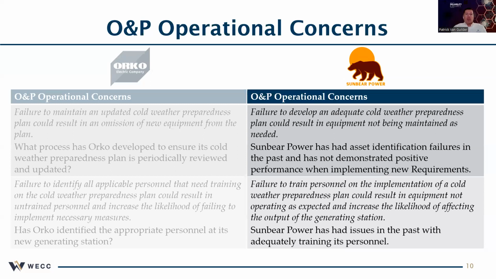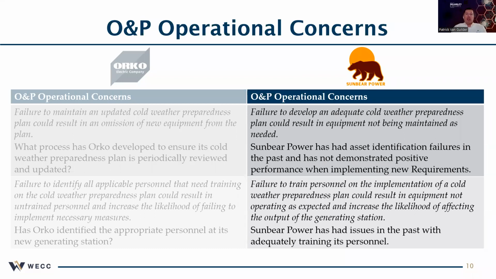So failure to train personnel on the implementation of cold weather preparedness could result in equipment not operating as expected and increase the likelihood of impacting the output of the generating station. Sunbear has had some issues in the past providing adequate training to its personnel.